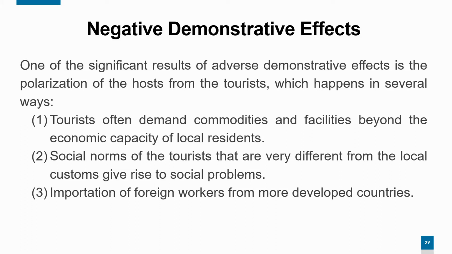Second, the social norms of the tourists that are very different from the local customs give rise to social problems. Also, the values and materialism of young travelers are copied by the young local people. Examples are nude bathing, inappropriate manner of dressing, and irresponsible behavior. A third factor which initiates polarization is the importation of foreign workers from more developed countries.